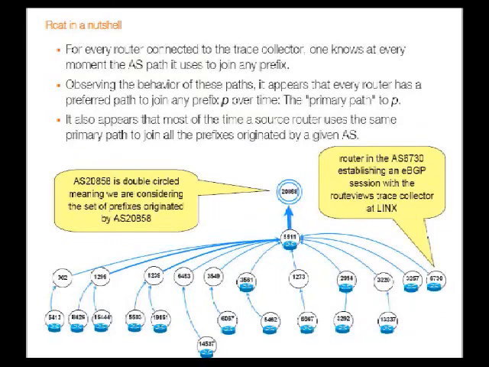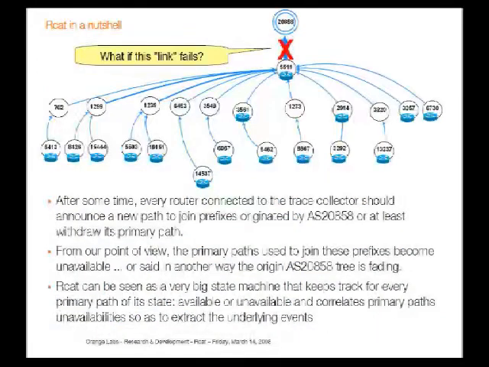So now, what if this very link fails? Assuming that there's only one link between these two ASes, after some time, the routers connected to the route collector should either announce a backup path to reach the destination, or at least withdraw their primary path.